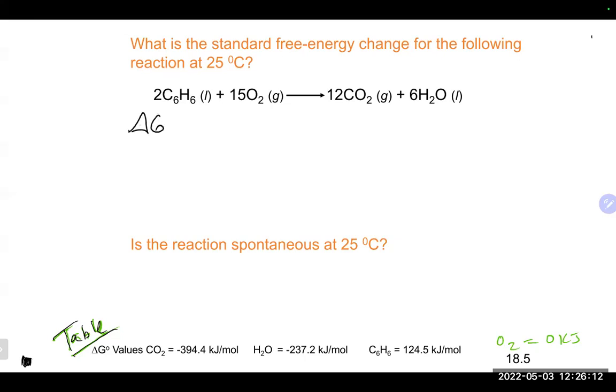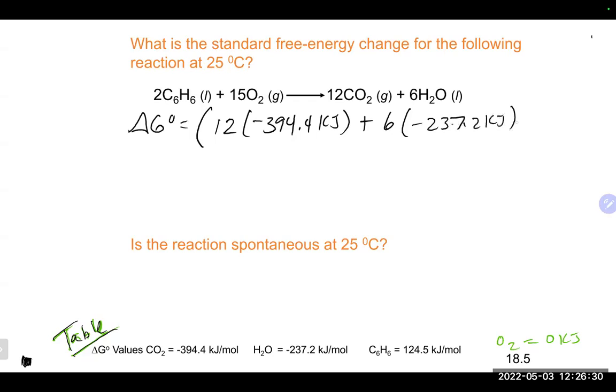Our delta G will equal our products, which is 12 of the CO2s times the value of CO2, which we would get from that table. We would then add it to 6 times the value of water, which would also come from the table. That would take care of our product side. We would then subtract our reactant side, which would be 2 times 124.5 plus 15 times 0.